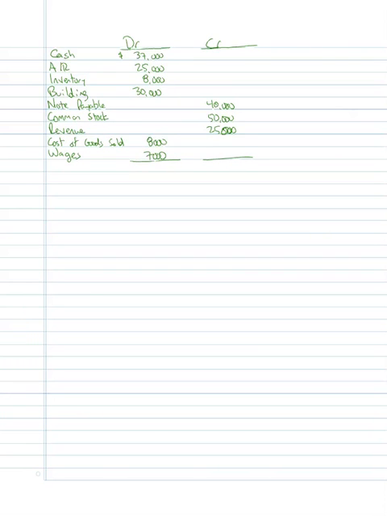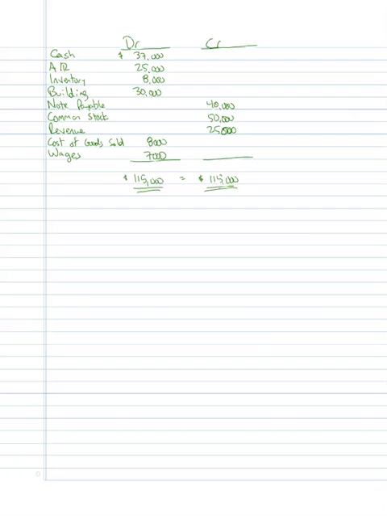If we summarize, or we total these accounts, we can see that both our debits and our credits total $115,000. So our debits equal our credits. Certainly not the number of debit and credit accounts. We only have 3 credit accounts, so we have 6 debit accounts.